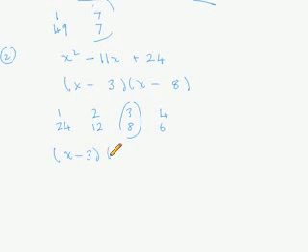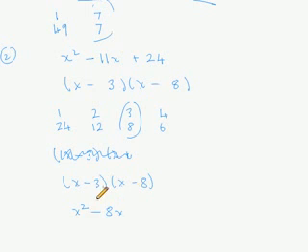Let's start again. x minus 3, x minus 8. So x multiplied by x is x squared, x multiplied by minus 8 is minus 8x, minus 3 multiplied by x is minus 3x, and minus 3 multiplied by minus 8 is plus 24.